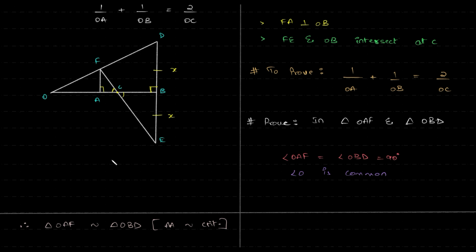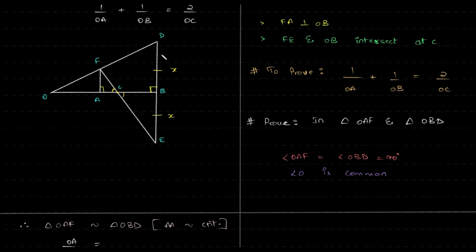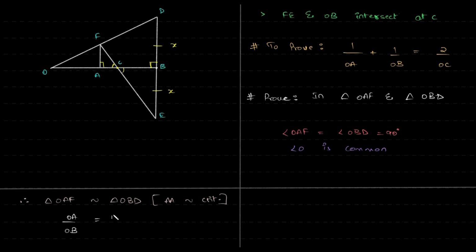With this we can tell the ratio OA by OB, this is what we want, is equal to, I want this to be part of the answer because this has to do something with the answer, BD. So I'm going to write AF by BD, which is equal to AF by X, where X is nothing but BD.